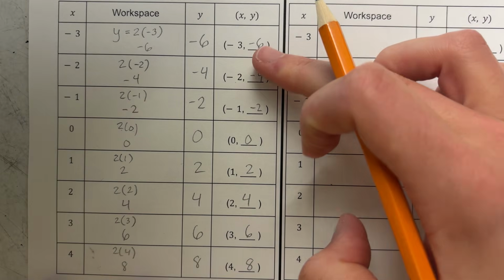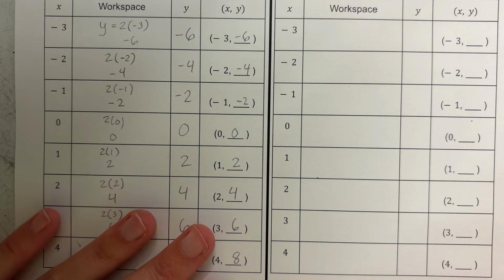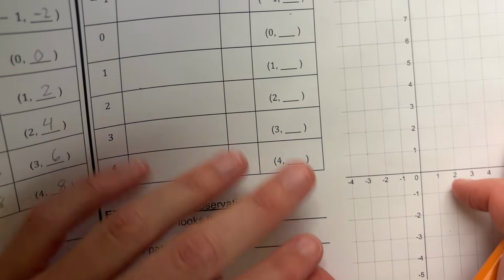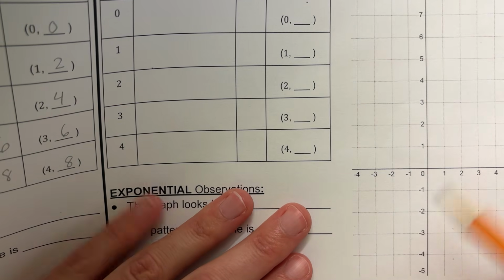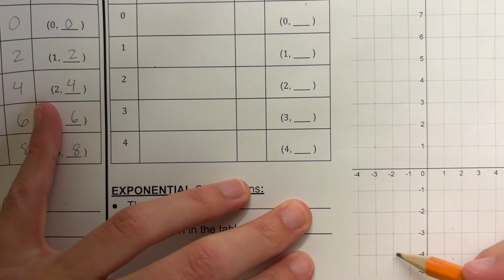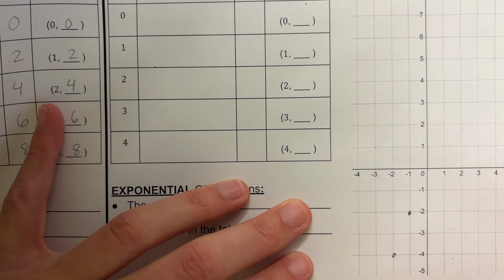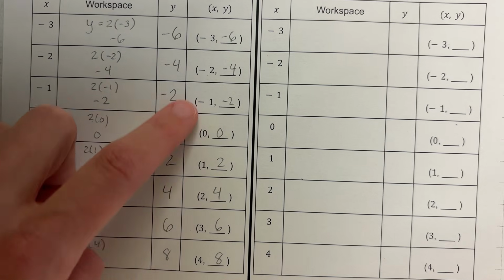Okay, so if I go ahead and I graph these points, right, and I'm going to graph them over to the side. So I'm going to graph -3, -6. I actually don't have space for that on the graph. Okay, but I'm just going to keep going. I'm going -2, -4, -1, -2. Okay, and I'm just reading these points down my table right here, right?